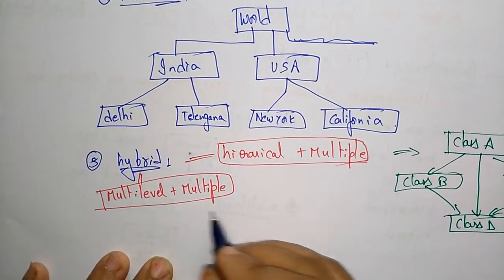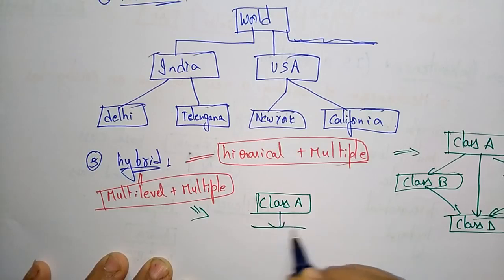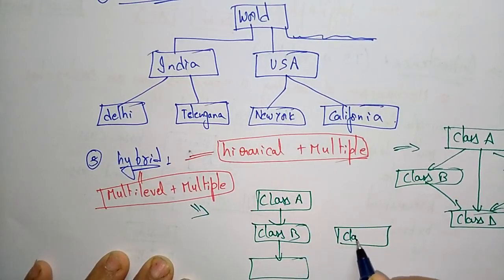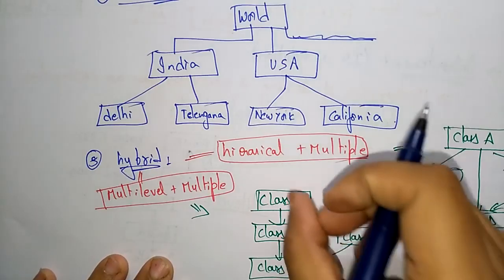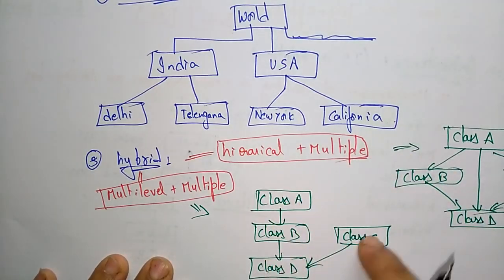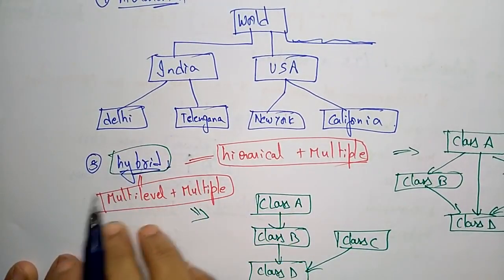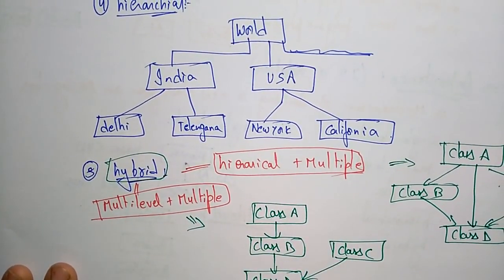Whereas coming to multi-level plus multiple inheritance: class A, class B, suppose here class C and class D. This part is multi-level, and this you call multiple. So hybrid inheritance is the combination of hierarchical plus multiple, as well as multi-level plus multiple.